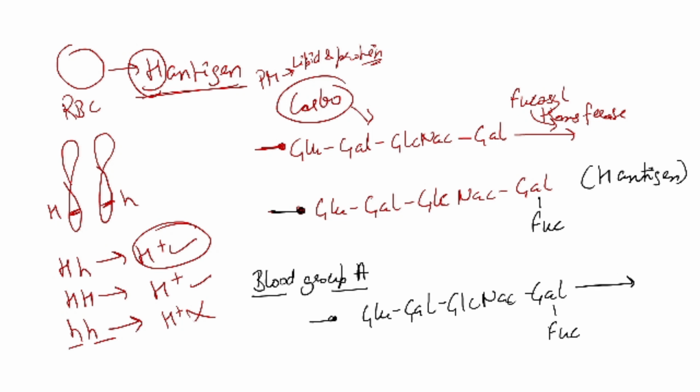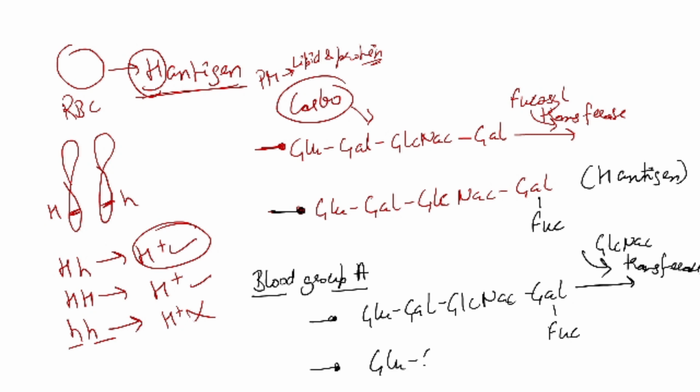Now what will happen? There will be a transfer of, again, what will get transferred? N-acetyl galactosamine transferase enzyme will come, and as the name suggests, it would transfer an N-acetyl galactosamine group.